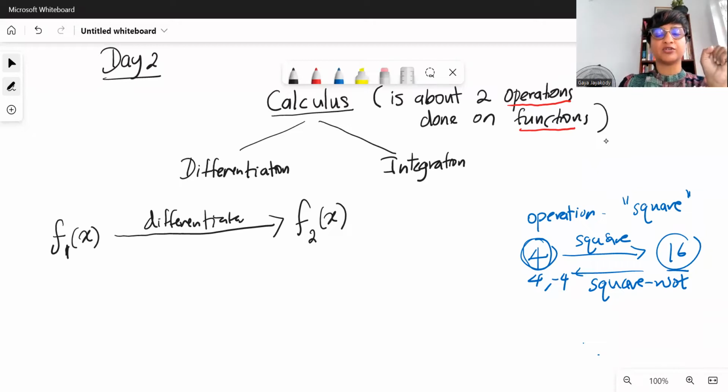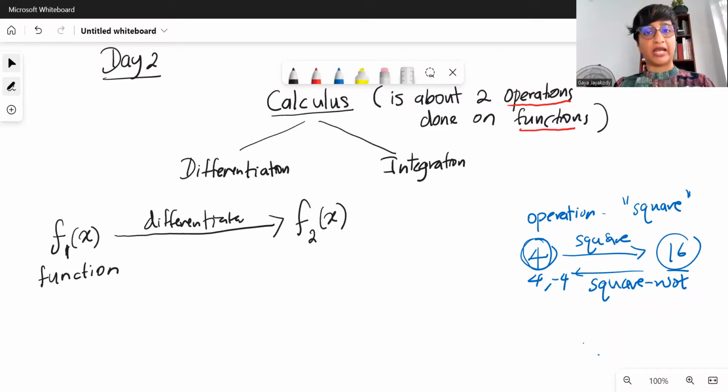So you take a function, you can do what is called differentiation. We'll see how you do it. But you get another function. This is the function I started with, like the 4 I started with in squaring. That's the original function I started with.